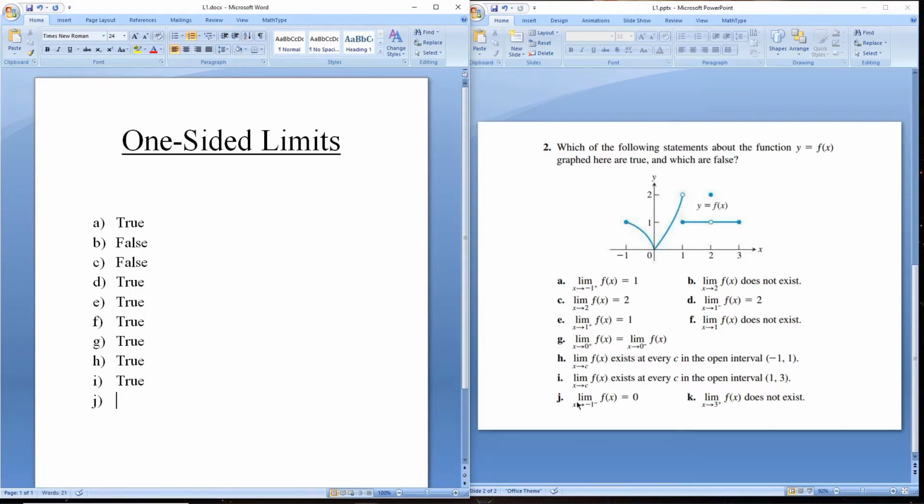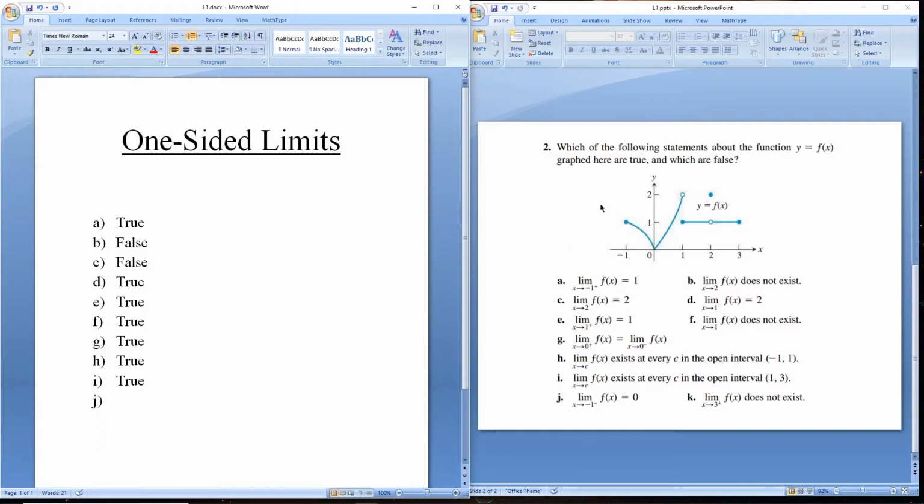Now here's a tricky one. J, we want to approach -1 from the left, is what it's saying. Now -1, notice that there's nothing to the left. There's nothing here. And we have to acknowledge that there's nothing there. You can't just make anything up.